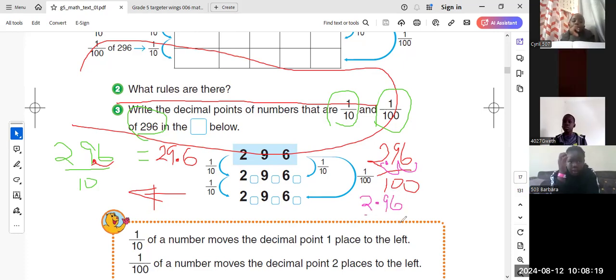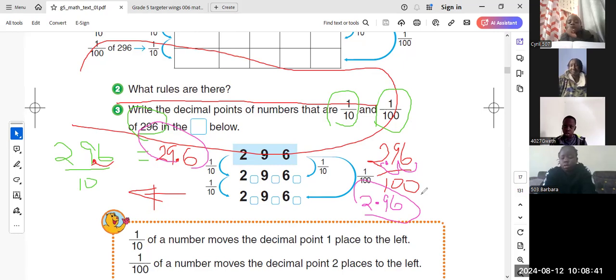Now, you can do the reverse to see if your answers are correct. To multiply 29.6 times 10, you just move the decimal 1 place to the right. To multiply 2.96 by 100, you move the decimal place 2 places to the right.